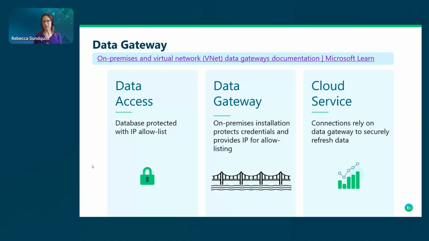By having that data gateway installed on a machine that you control or a virtual machine, you're able to then identify the IP for allow listing to read-only. And the Power BI cloud service will then speak to the data gateway, and the data gateway will do all of the credentialing and data access for Power BI.